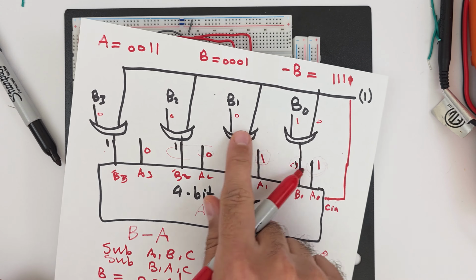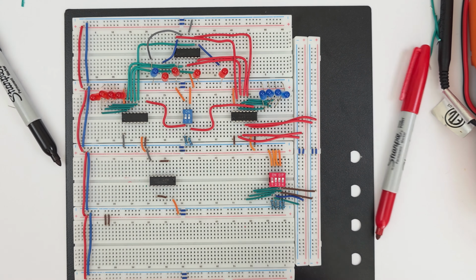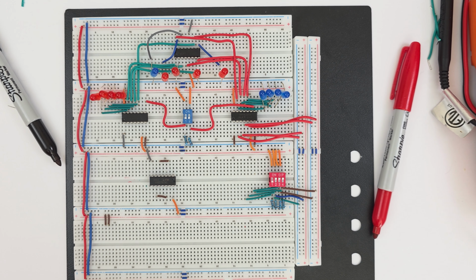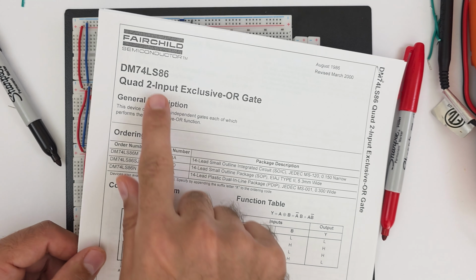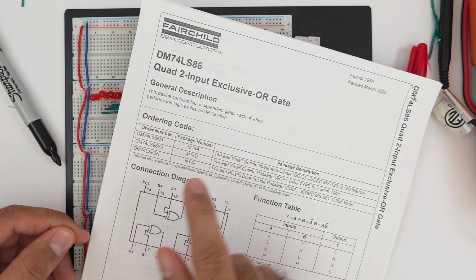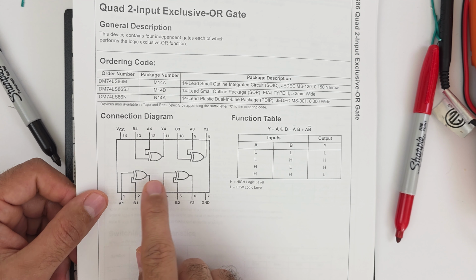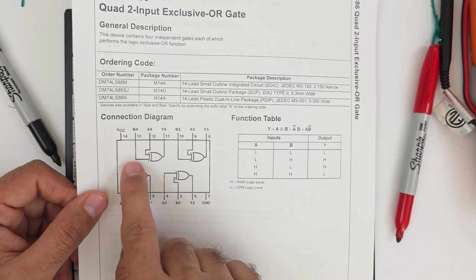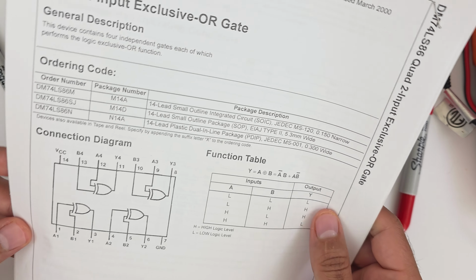You can see that we need 4 XOR gates, and we have here this IC, the XOR LS86, which has 4 XOR gates as you see here. We need to understand how this connection will work.